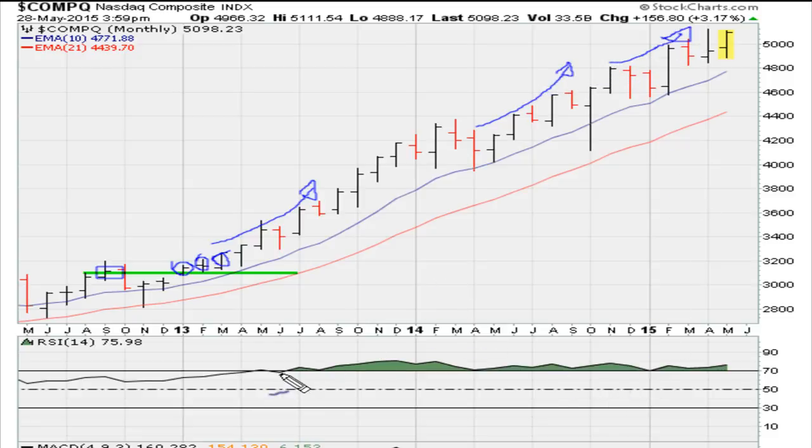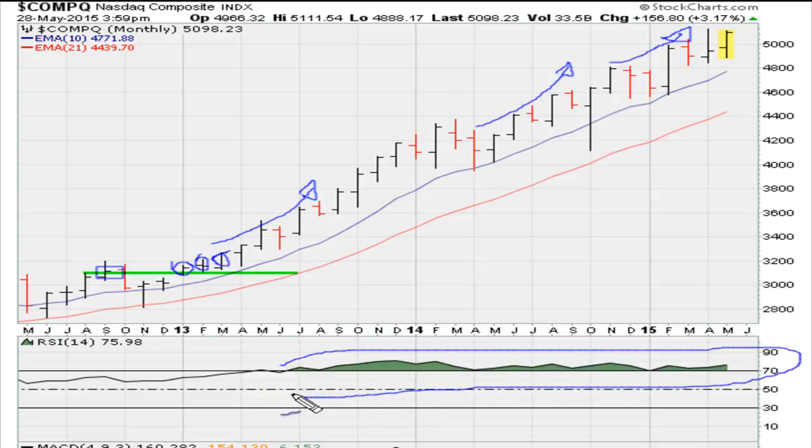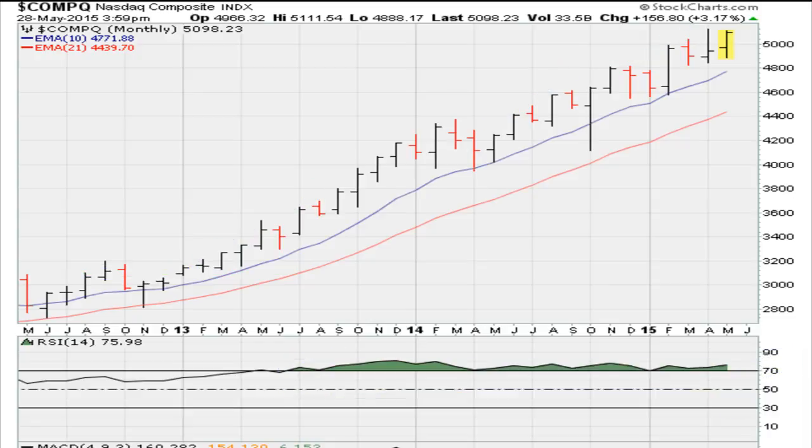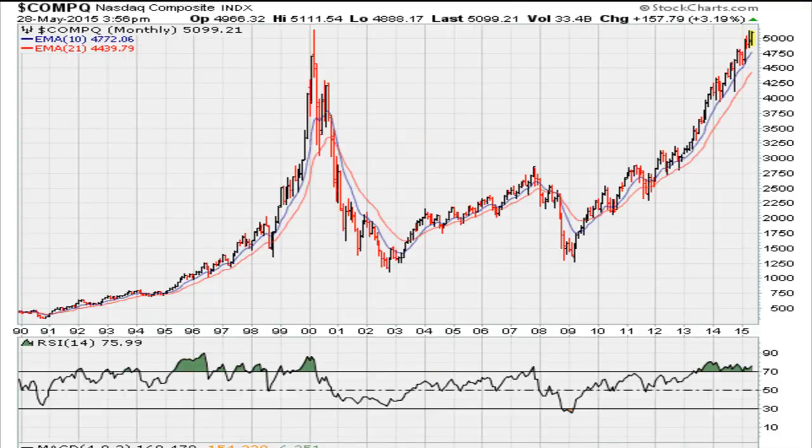And we know it was a risky trade because here's the RSI, and as of right now, even the RSI continues to point upwards. So we have to assume that the market is telling us that its intention is to go up and not down. We take a look at the NASDAQ, and I want to show you this period here between 95 and 2000.